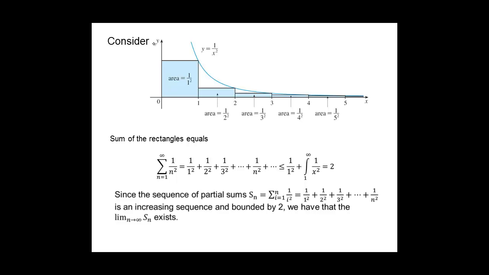And is it also clear that Sn is an increasing sequence? Because all the terms are positive, so if you add more and more, you are increasing the sum. Sn plus 1, the next value, is always bigger than the previous.